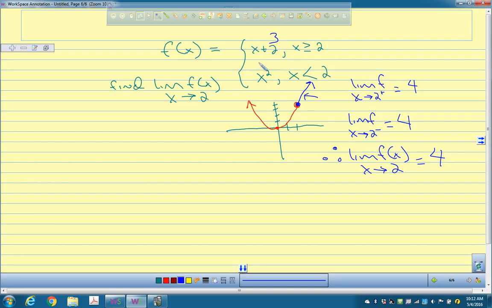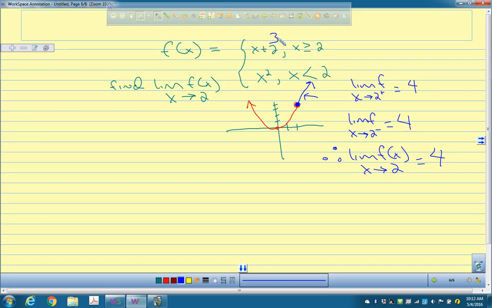Because if I change this to a 3, then this would be approaching 5 from the right side, and it would be approaching 4 from the left side. You get that? Okay? So if these two things do not connect at the point where the function changes, then it doesn't have a limit at that point.